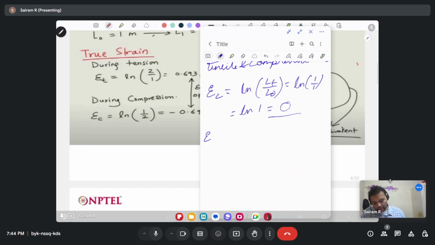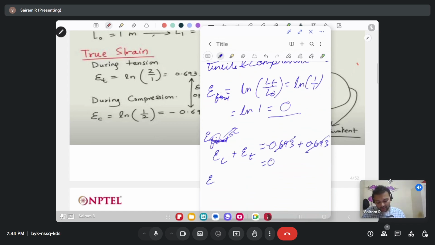Epsilon final can be taken as epsilon C plus epsilon T, which is minus 0.693 in the case of compression plus 0.693 in the case of tension, which cancel out and it comes back to 0.